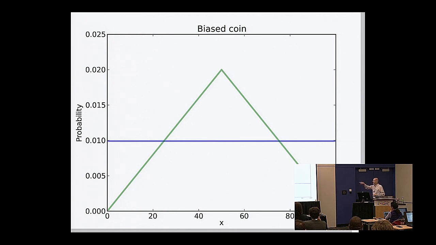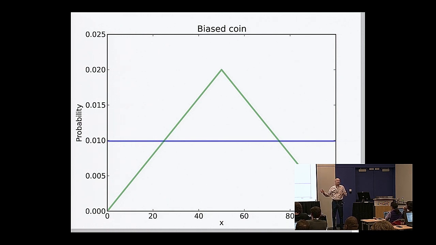So the blue line is what I used before. The blue line says anything between 0 and 100 is equally unsurprising to me. The green line is a little bit more like what I actually believe about coins, that the values in the middle are much more likely than the extremes. In this case, I'm saying, look, I don't think you can make a coin that will always fall the same way, heads or tails.